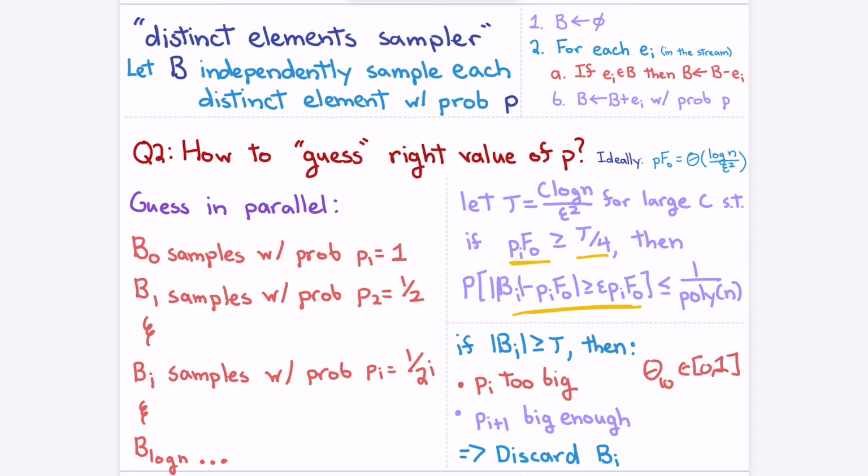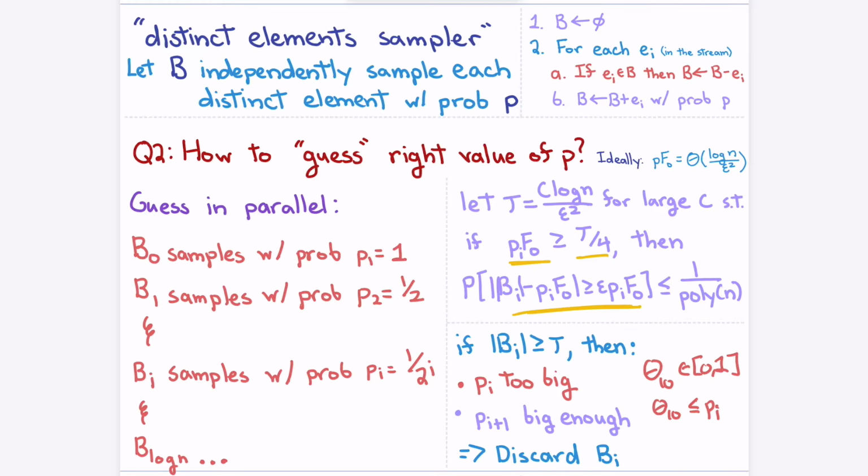If this value is less than pi, then I'll add it to Bi. So if I draw like 0.1, it'll of course go in B0. It's less than 1/2, so it'll go in B1. It's less than 1/4, so it'll go in B2. It's less than 1/8, so it'll go in B3. If it's less than 1/16, no, so it won't go into B4. In that way you completely correlate this, but you still have the same probabilities.